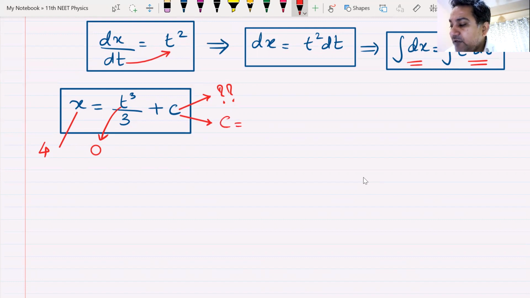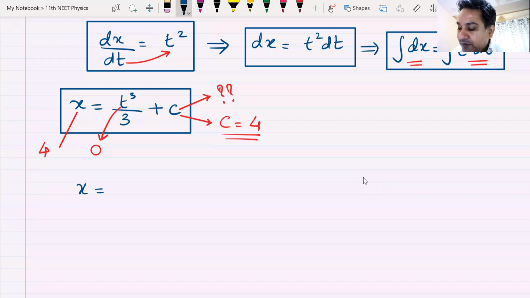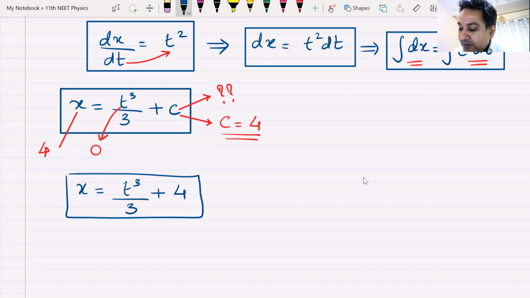The value of c has to be 4. Am I clear? So from here I can write x will be equal to t cube by 3 plus 4, that would be my x as a function of time.